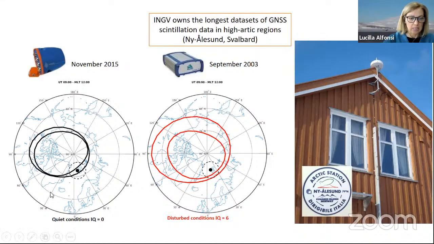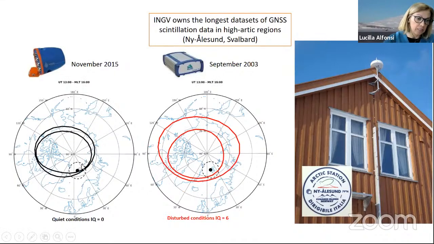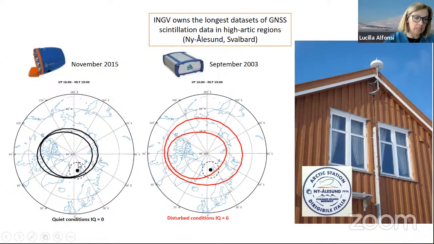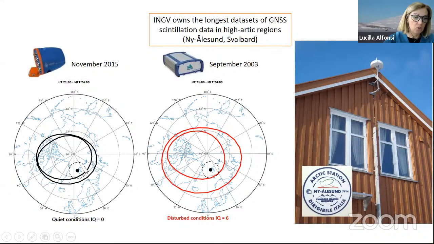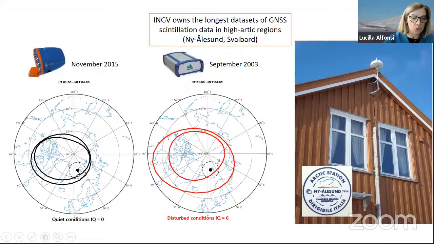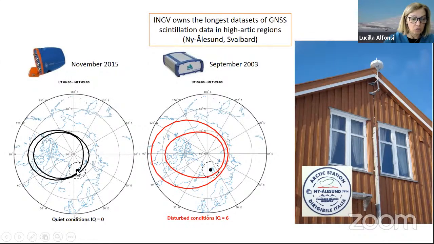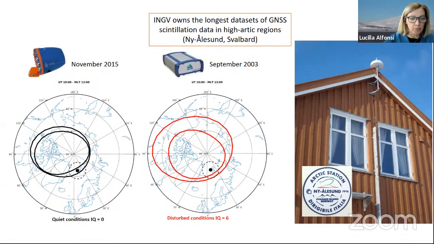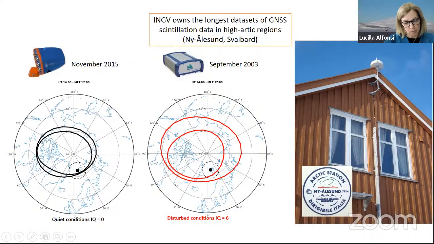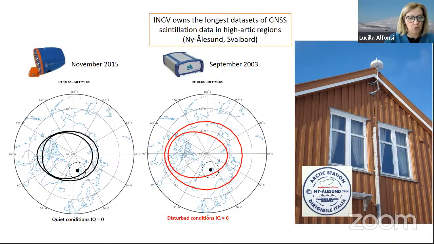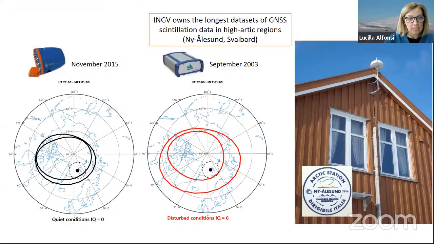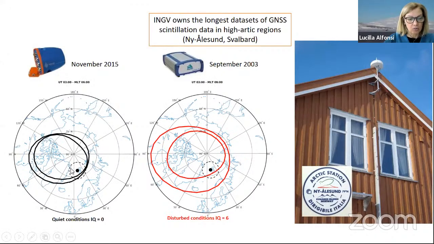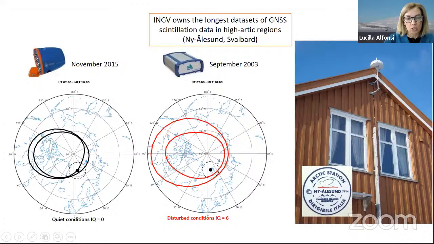In this animated GIF, you can see with this dashed circle the field of view of the station that is here in the black dot, and the average, so the climatological, position of the auroral oval boundaries under quiet conditions on the left and disturbed conditions.